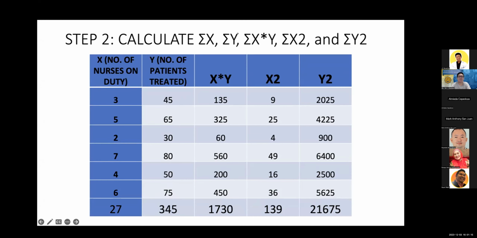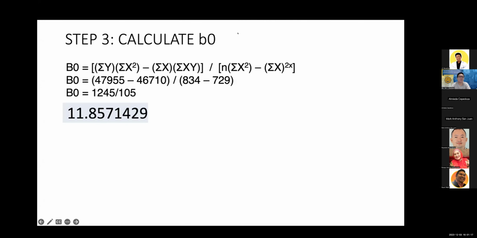Once we have these values, the next step is to calculate B0. This is the formula for it: the sum of y times the sum of x squared, minus the product of the sum of x and the sum of xy, divided by the difference between these two values, which are already present in our previous table.